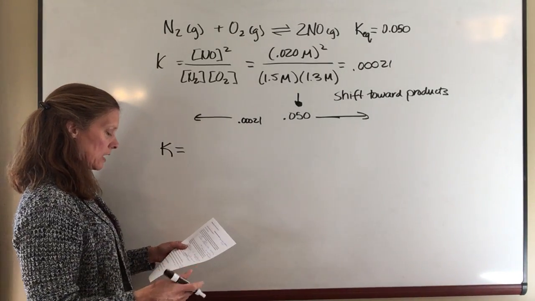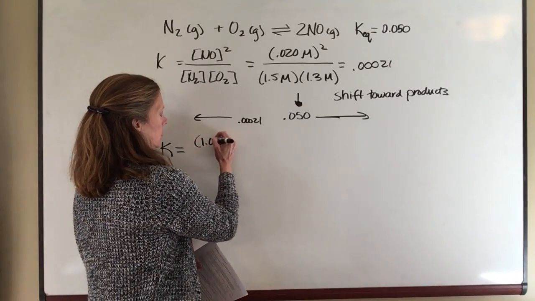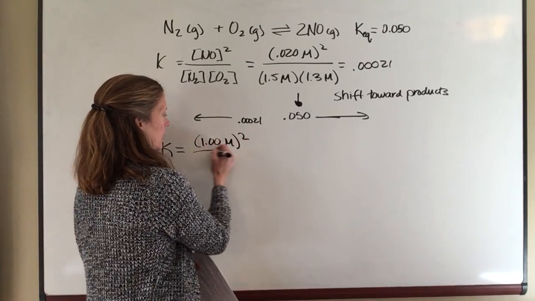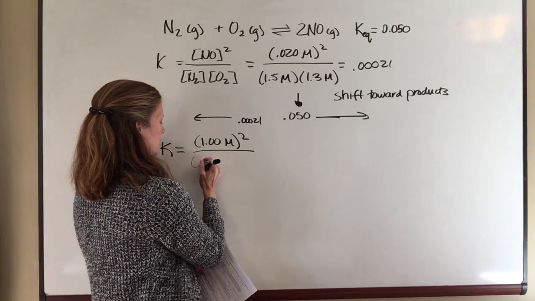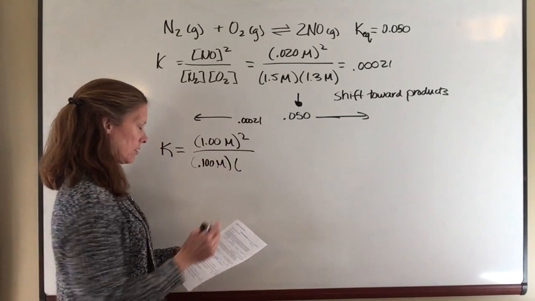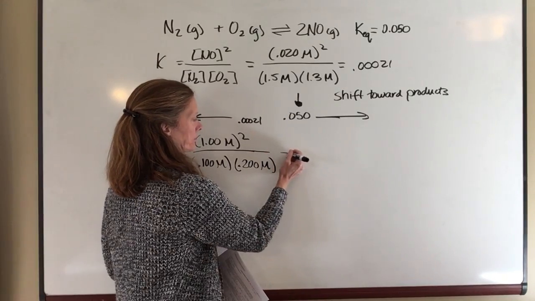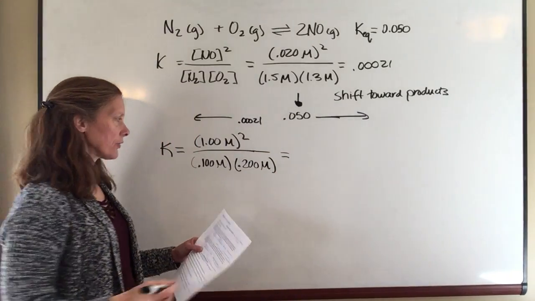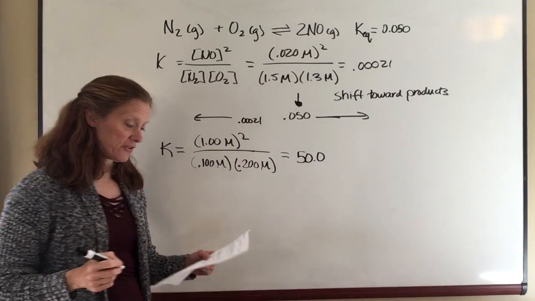This time, the NO is 1 molar, and that's going to be squared. And the concentration of the nitrogen is 0.1 molar. The concentration of the oxygen is 0.2 molar. And so when I plug all those numbers in this time, I get 50.